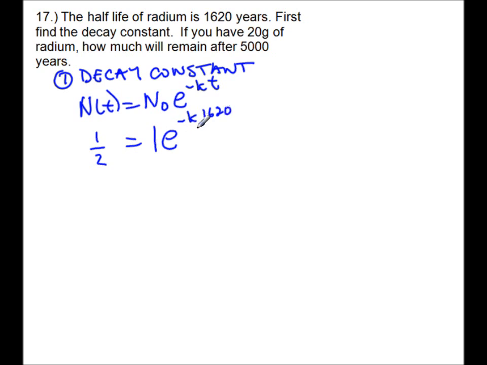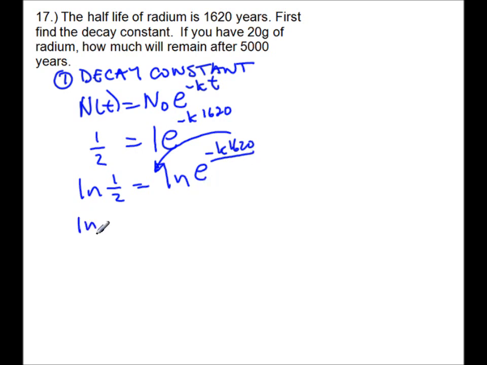In order to get k, my variable, which is in the exponent location, I need to take the natural log of both sides. So we take the natural log of 1/2, and we also take the natural log of e to the negative k, 1620. The whole reason I do this is to bring the exponent to the front, because the properties of logs let me do that.